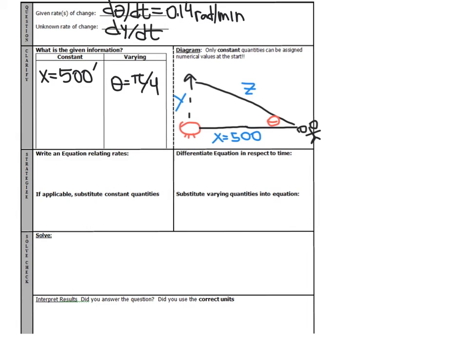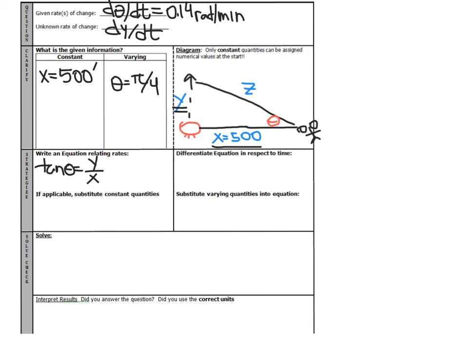So looking at this diagram, I want to use a trig function that uses 500 because that's a constant, and also I want to use y because I'm looking for dy dt. So it's opposite and adjacent, so that leads me to tangent. So we know that tangent of theta is y over x.